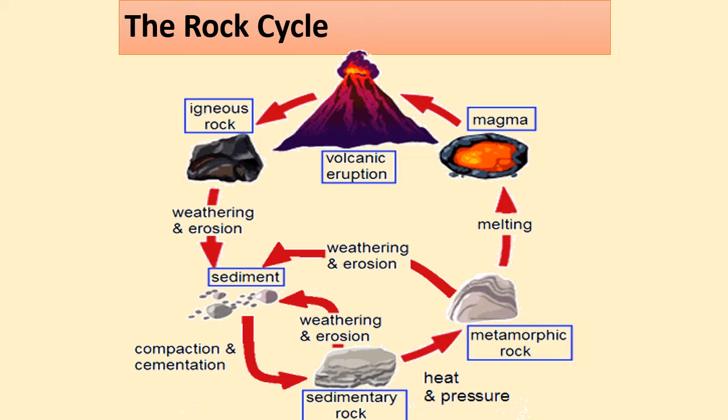Now, as we know, small bits of rock called sediment can get blown or washed away into rivers, and from rivers, they can make it into the sea. And that process is constantly happening, and we get layer upon layer of sediment building up on one another. And what that causes is compaction and cementation.